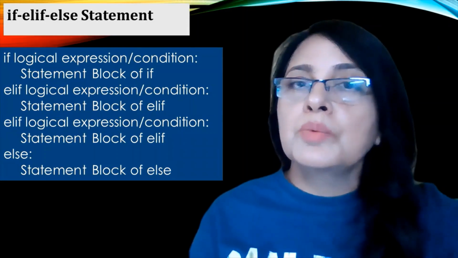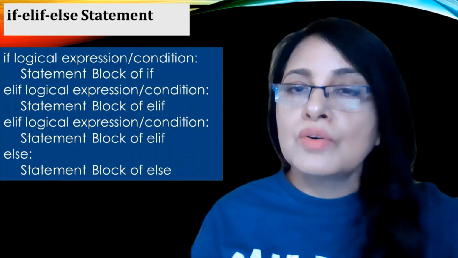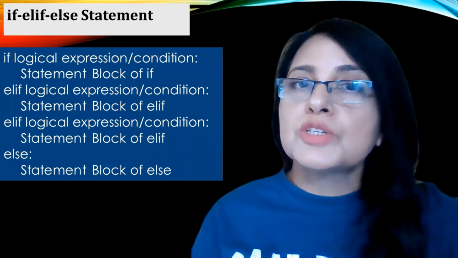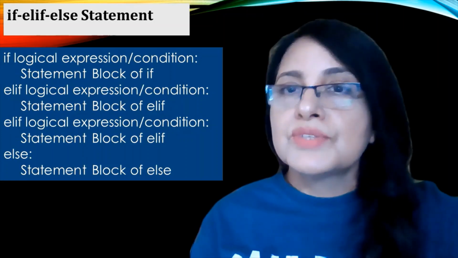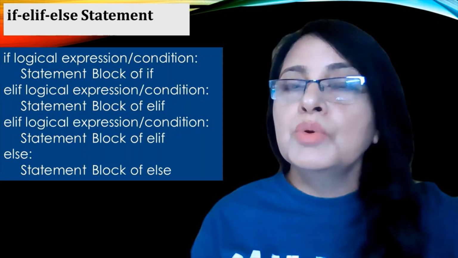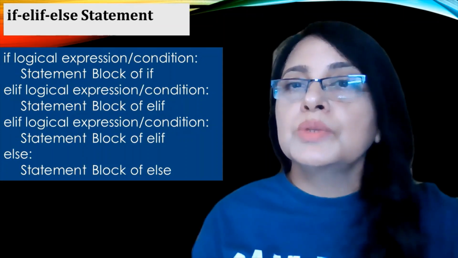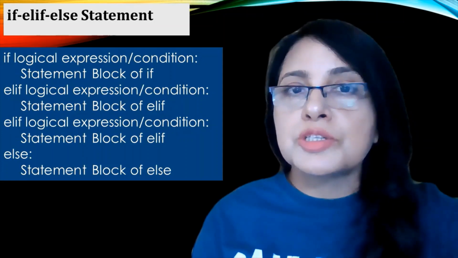This will depend on whether the logical expression after if is true or false. If the expression is true, the statement block following this if statement will be executed. Otherwise, it will move out of the block and go to the next elif statement, which will check another condition.